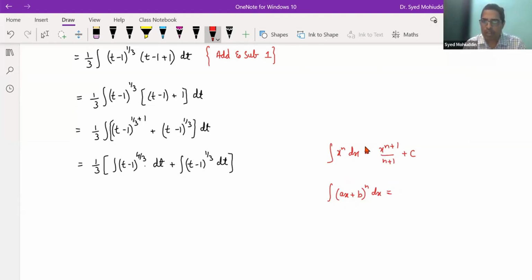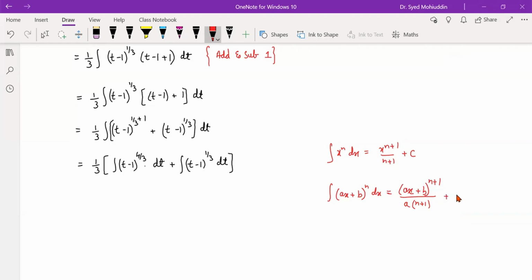So this expression to the power of n plus 1, so you'll get ax plus b to the power of n plus 1 by n plus 1, similar to this one. But we need to differentiate this value. The derivative of ax plus b will be a, so I'll write that in the denominator. Are you getting this one? Plus the constant of integration c.